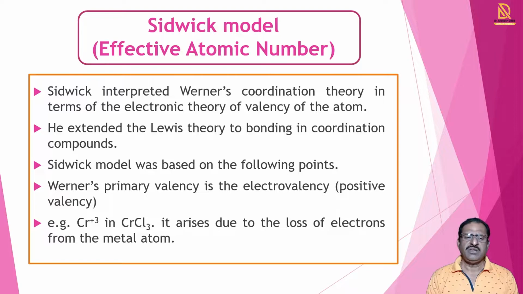For example, chromium plus 3 ion in chromium chloride. In chromium chloride, chromium carries plus 3 charge, and it arises due to the loss of electrons from the metal atom. He explained that as electrovalency.